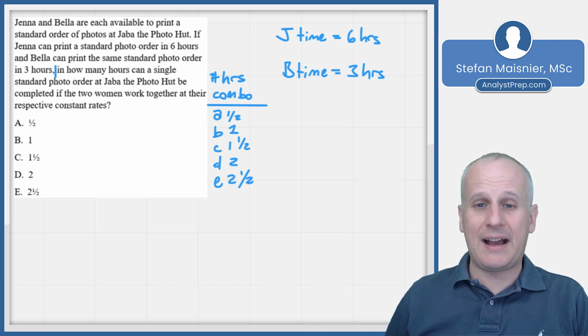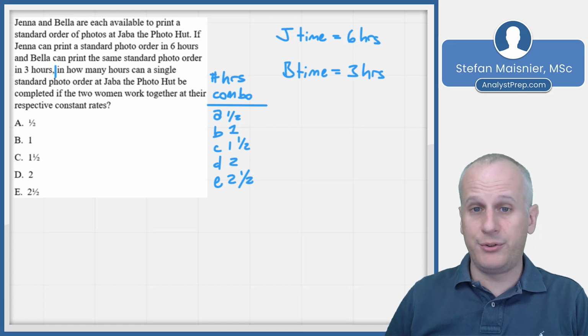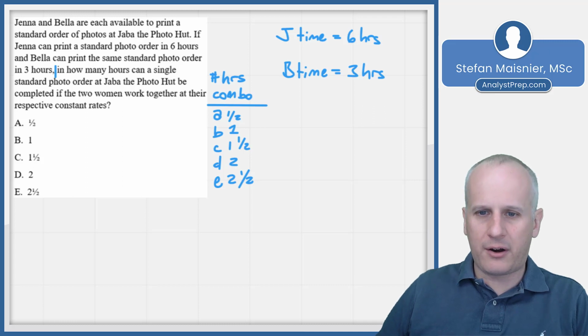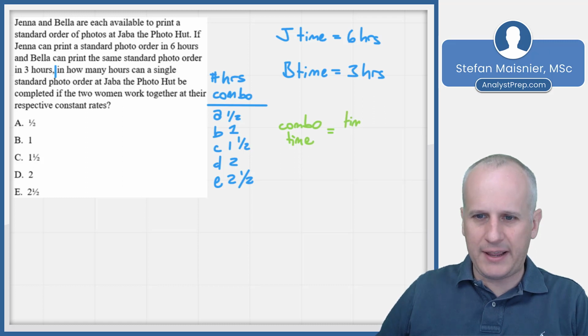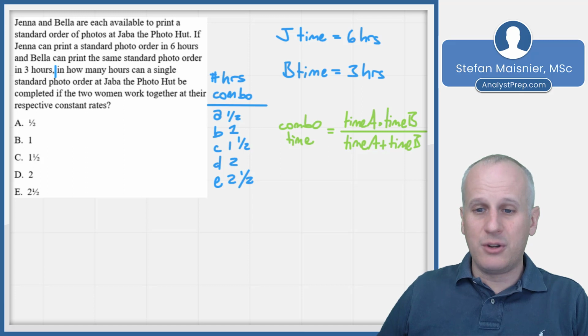So now there are a litany of possible approaches. The first we'll do is the technical approach, just because we just saw it, and we know that our combined time formula was equal to the time for A times the time for B all over the time for A plus the time for B. So if you remember this formula, you can go straight to that.